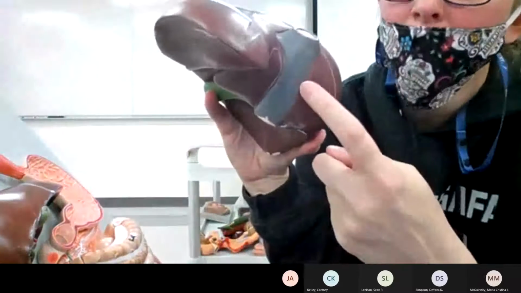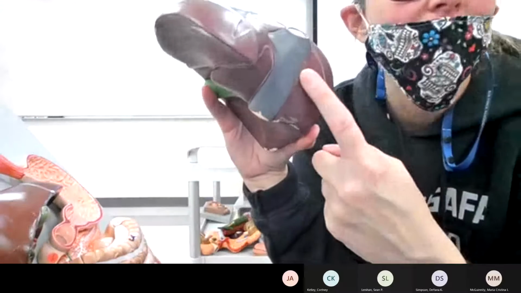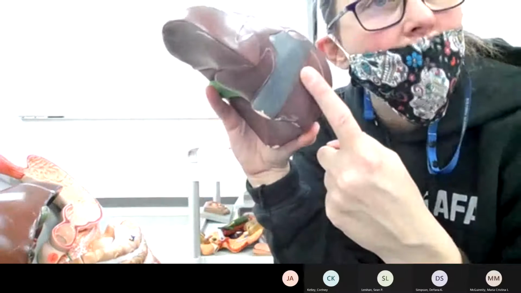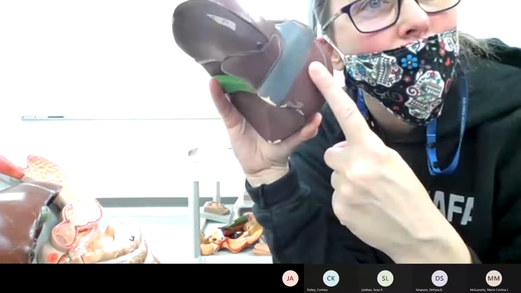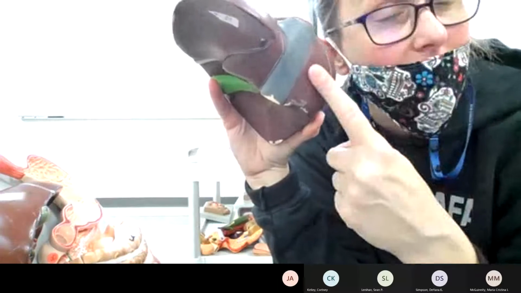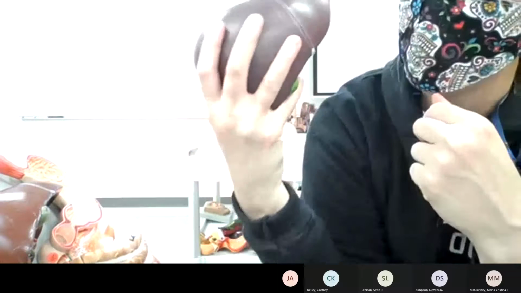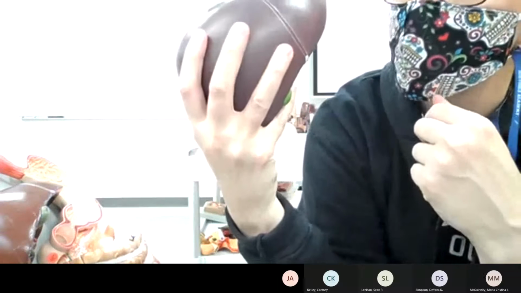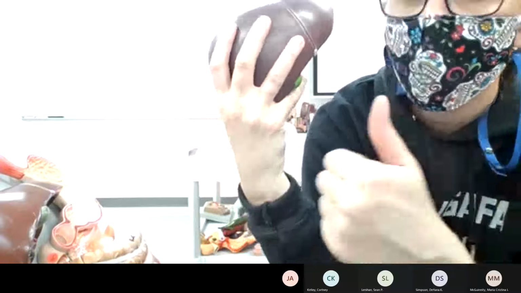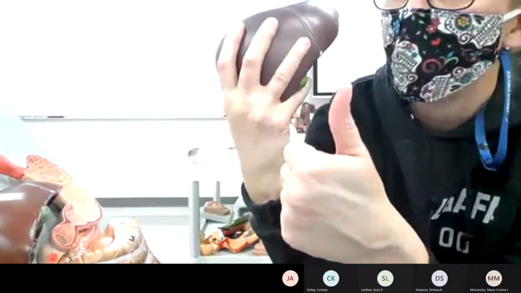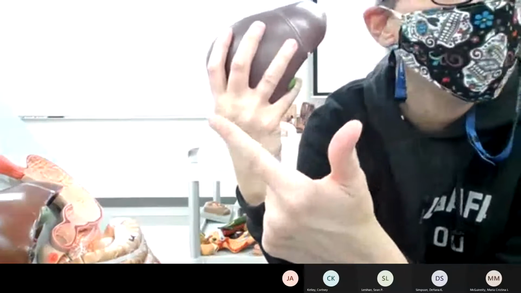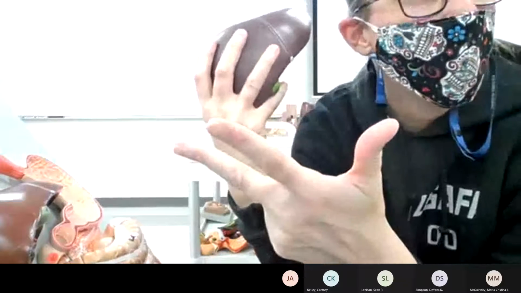This is your hepatic portal vein. So all the blood vessels from your stomach, all the blood vessels from the small intestines, all the blood vessels from the large intestines, and the lymphatic vessels are going to the liver. So 2/3 of the liver, remember, the blood is coming from veins, showing the liver how much carbohydrates I got, how much fat I brought in, how much protein I have.